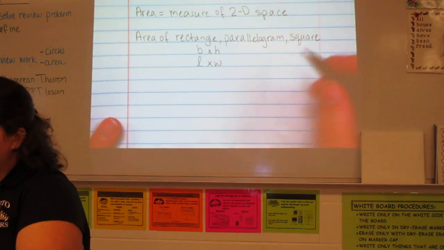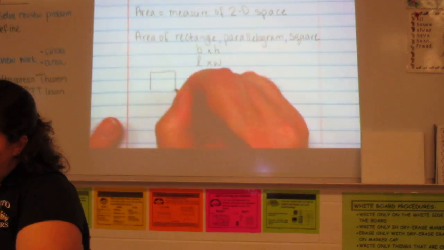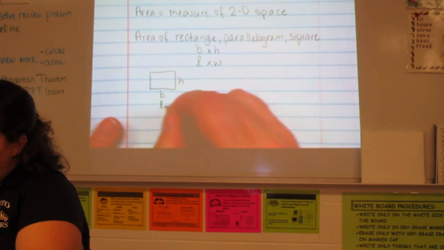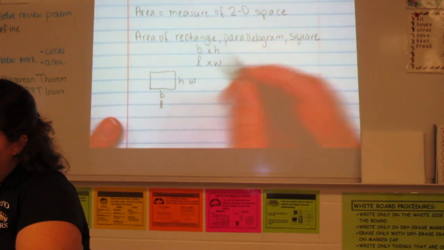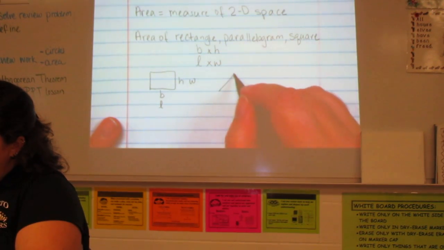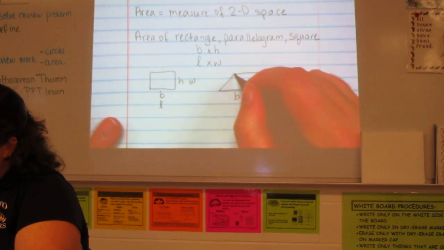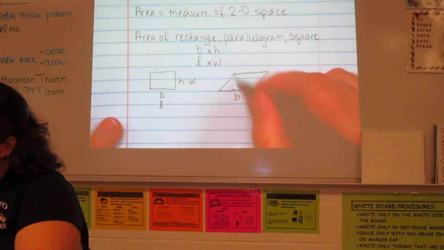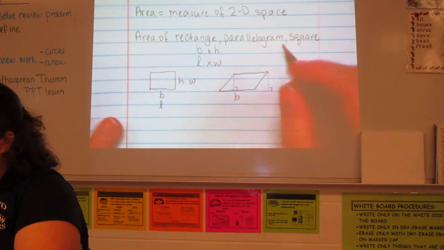It is a two-dimensional measurement. For the rectangle, it's base times height, or you could call this length times width. For a parallelogram, your base is here. The height is from the tallest point perpendicular to either the base or the ground horizon.